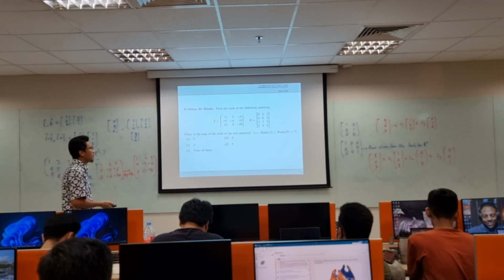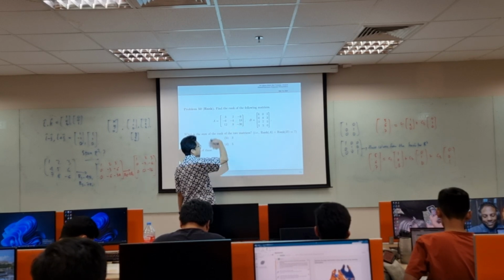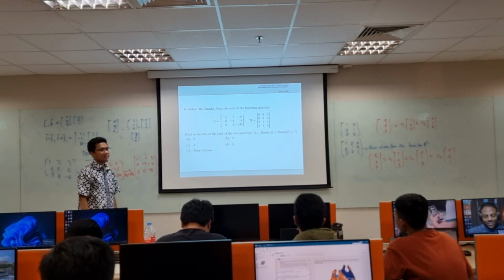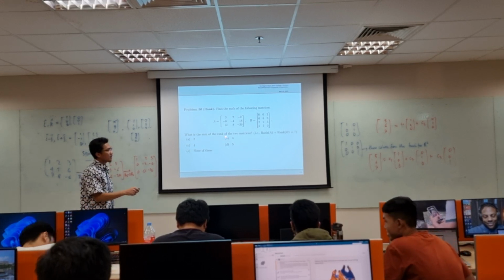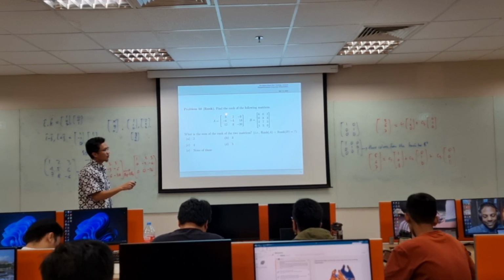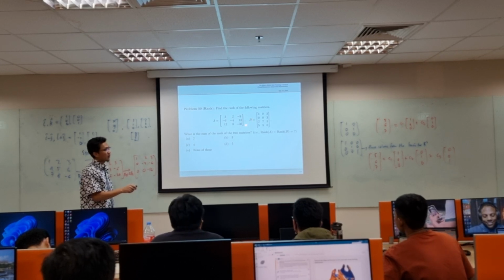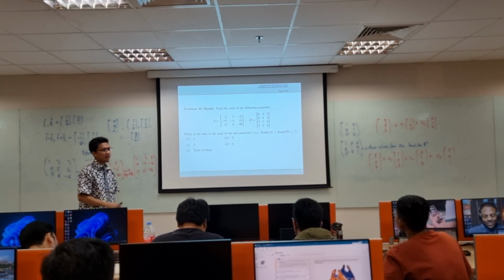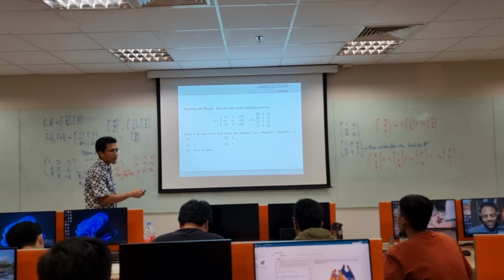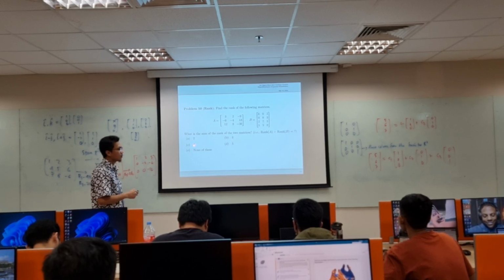To count how many, you have to see how many columns can be expressed as another vector. In this case, column 2 can be expressed as a multiplication of column 1. Column 3 also as a multiplication of column 1. So only one factor is independent. Rank is 1. What about B? What's the rank? The rank is 3. So 1 plus 3, you get 4.